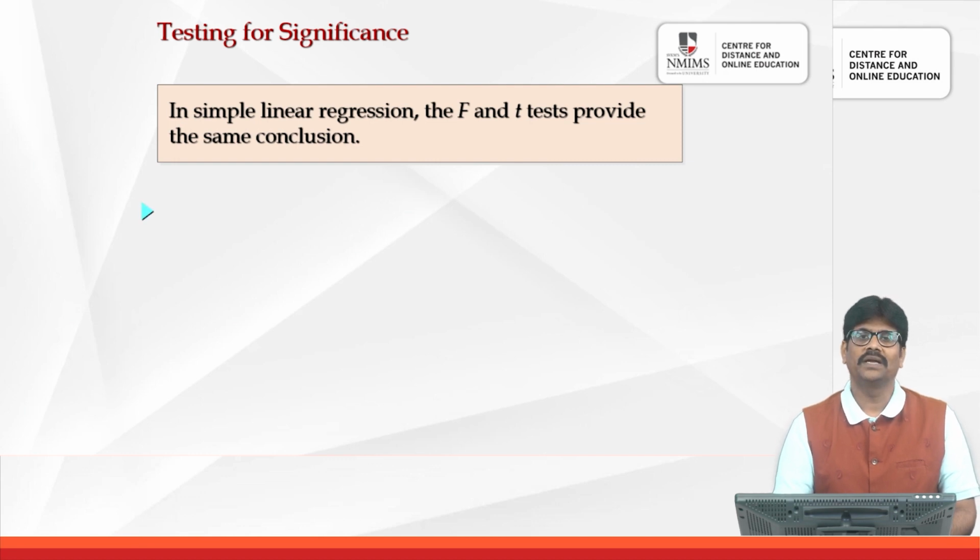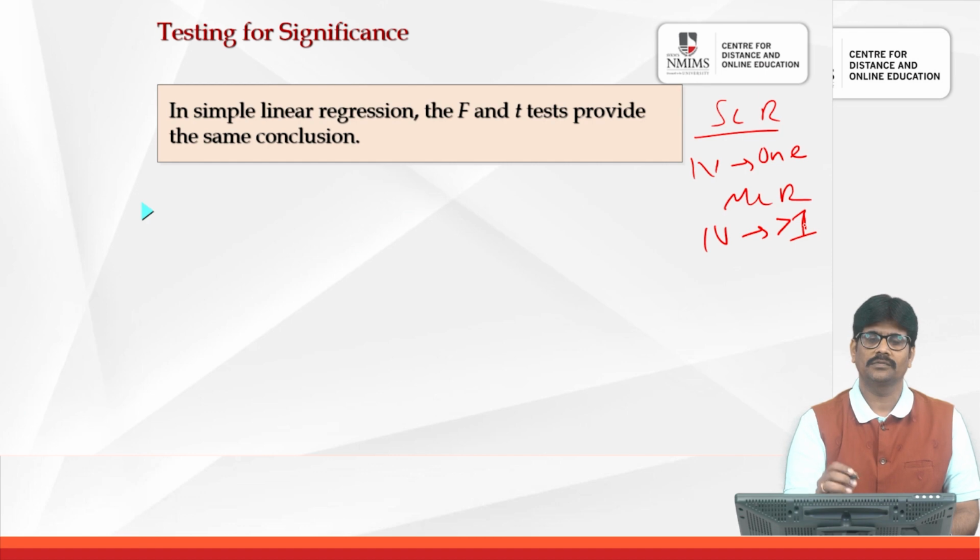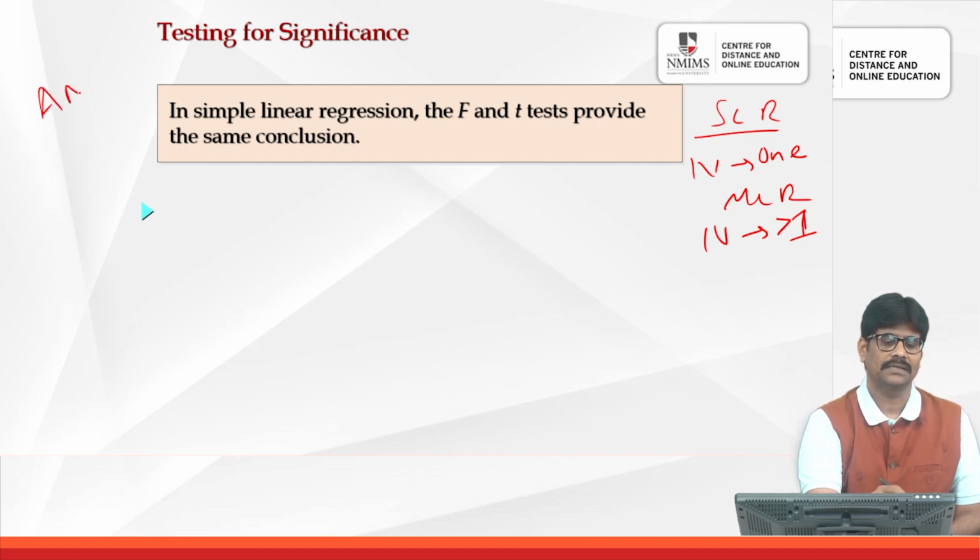Obviously, simple linear regression is what we discussed before, and what we are discussing now is multiple linear regression. In simple linear regression, what is simple here? The independent variable is only 1, whereas in multiple linear regression, the independent variables are more than 1, right. The F test is nothing but analysis of variance.